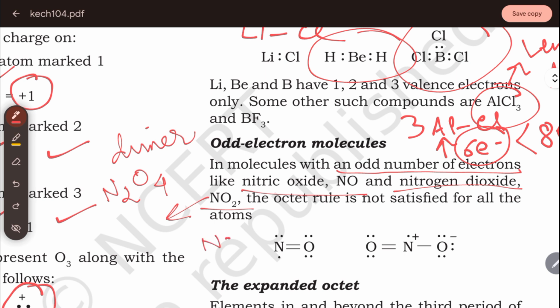This is one electron, it forms a double bond and it forms a coordinate bond with O. So it is 1, 2, here it is 3, 4, and this is the 5th. So another nitrogen will have this type of structure, NO2 molecule, and so it has a capability of forming a bond between 2 NO2 units and forming N2O4, which is a dimer.